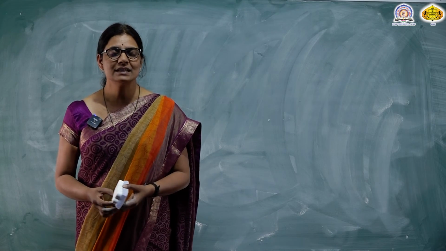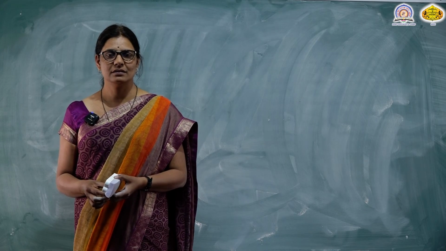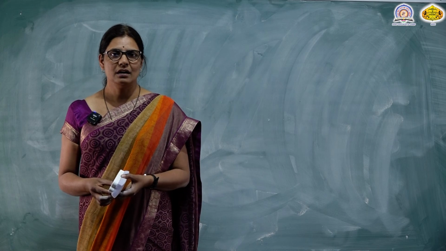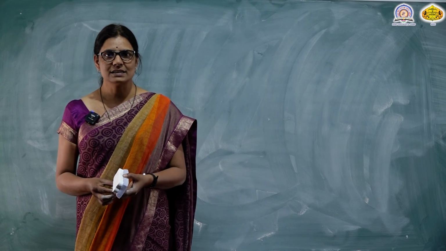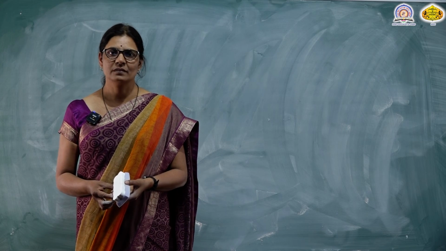In the next lecture we will study examples of more vector spaces. We generalize R2, that is vector space R3, R raised to 4, R raised to n, vector space of matrices, vector space of real valued functions and so on. Thank you.